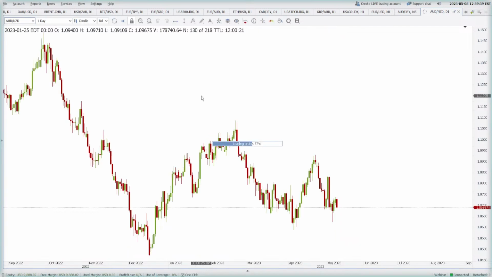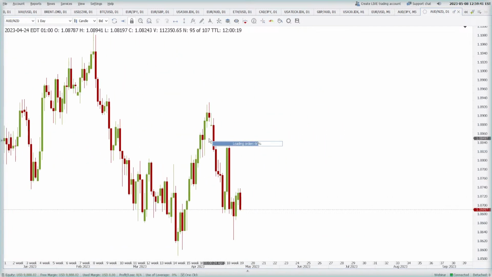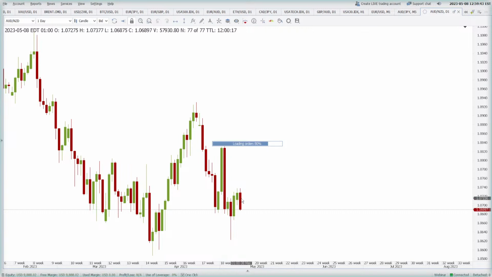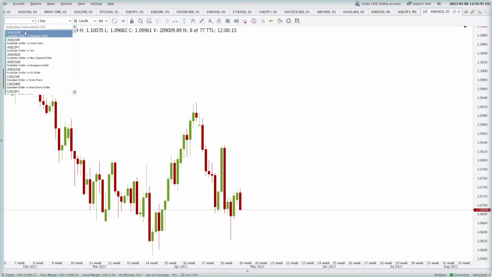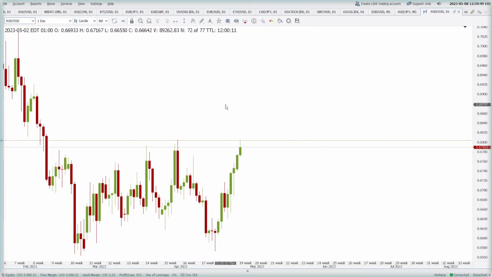So now you see the Australian dollar is going down against the New Zealand dollar, but going up against the US dollar. What do you have to say about this?